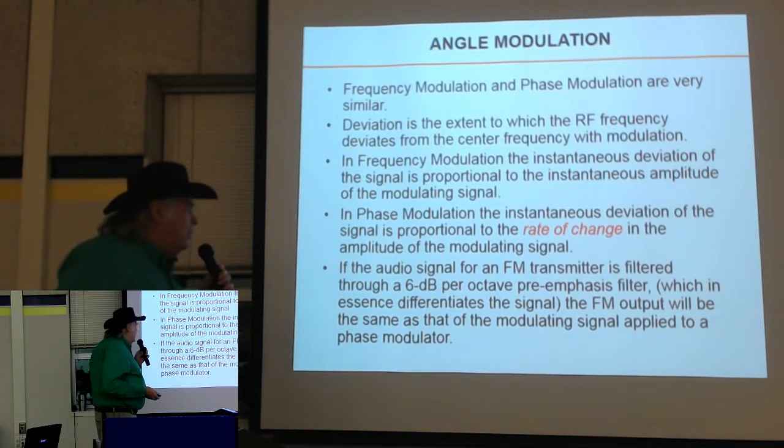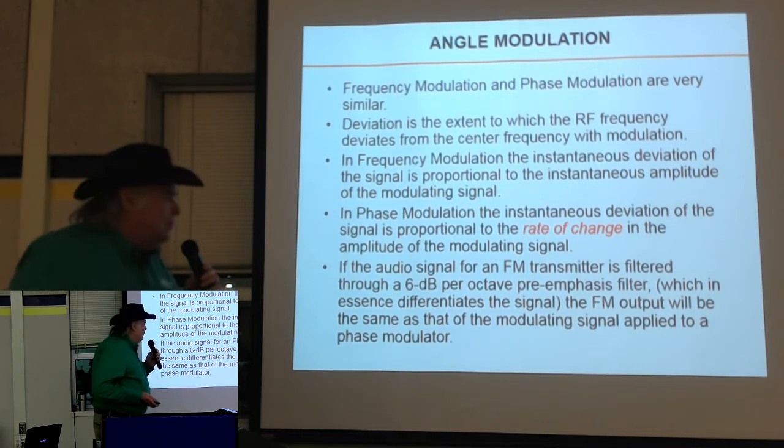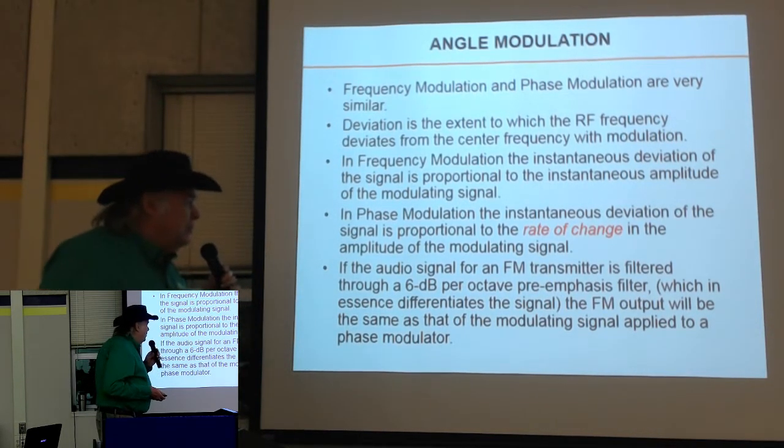There's an interesting thing that happens technically. If I take an FM transmitter and run the audio through a 60 dB per octave pre-emphasis network, that is, it accentuates the high frequencies, the output will look identical to a phase modulation transmitter. And in receiving, the same thing happens in reverse.